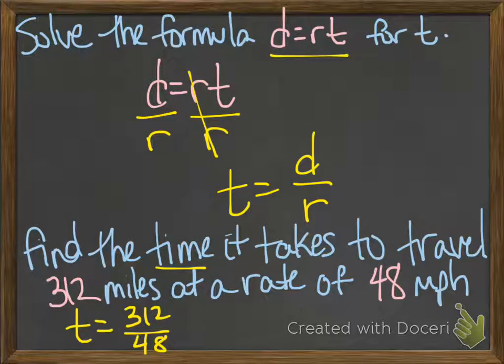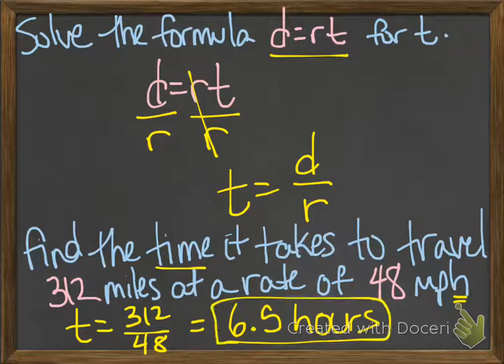When we divide this out, 312 divided by 48 is 6.5, and again, it's a word problem, and we're dealing with miles per hour, so this is 6.5 hours is how long it would take us to travel.